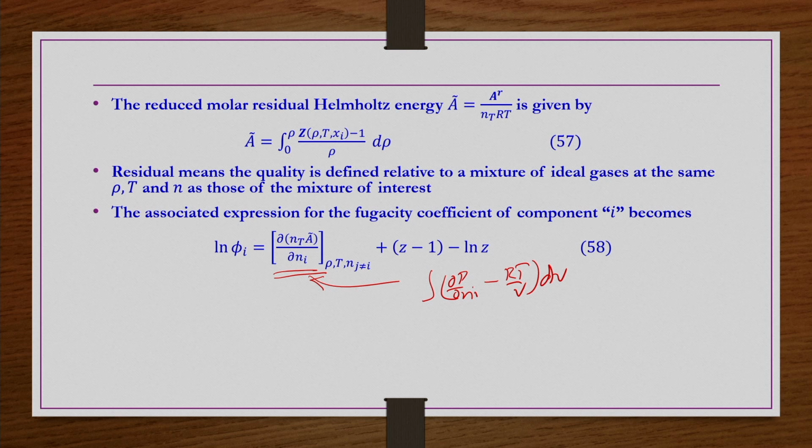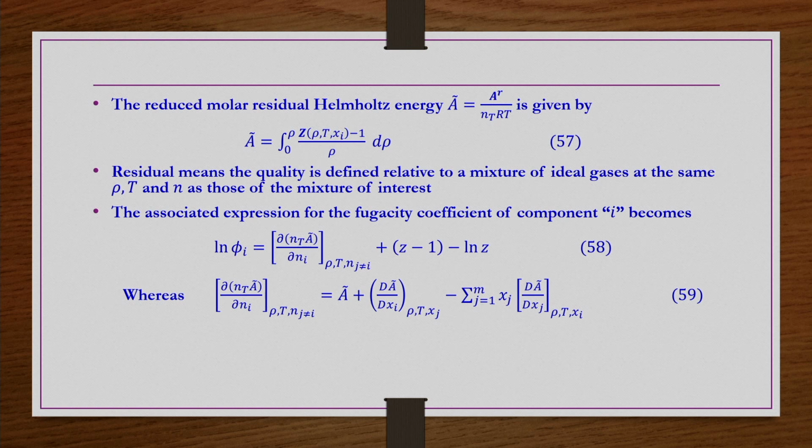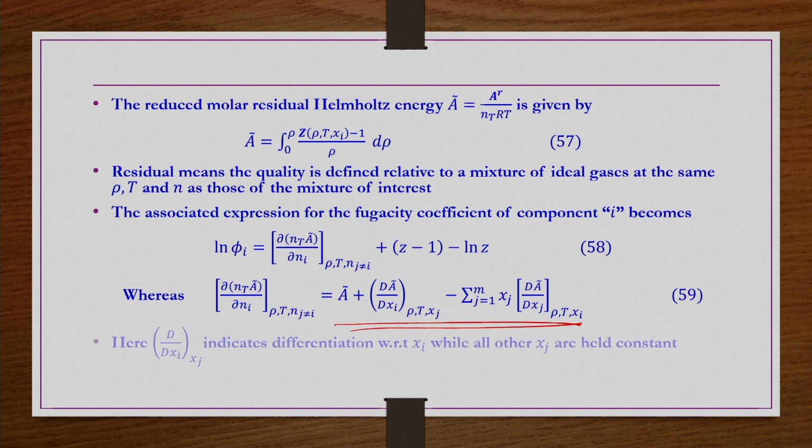This is what we get if we simplify this expression back in terms of measurable properties like pressure, volume and temperature. But we are not doing that, because we already have one expression that is more useful and explicit, in measurable pressure, temperature, volume and composition form. Here, dou by dou Ni of Nt A tilde is given by this expression, whereas d by dxi is a differentiation with respect to xi while keeping all other xj constant.